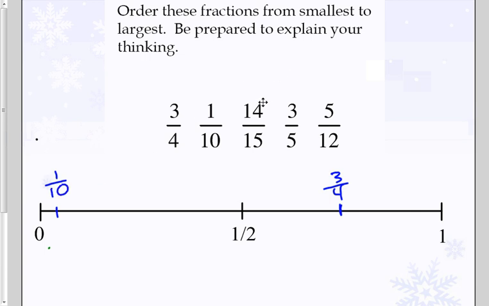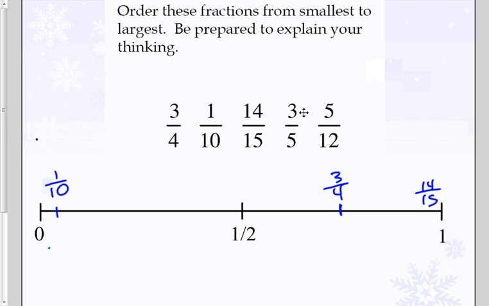Let's take a look at 14/15. 15/15 would equal 1. So 14/15 is going to be just a little bit less than 1. Put that right here. 3/5. That one's a little bit trickier. If I take half of 5, that's going to be 2.5. So half would be 2.5 and 1 whole would be 5/5.